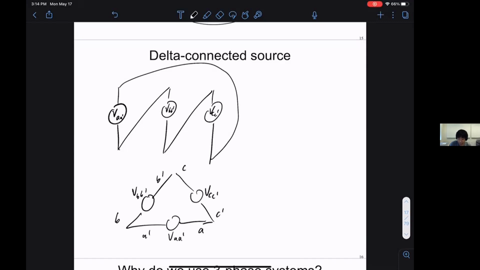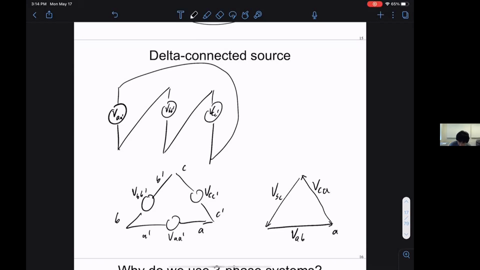And you draw this angle, then what we have is the three vectors, the power vectors, as A is referred to B. So this is VAB, this is VCA, and this is VBC.